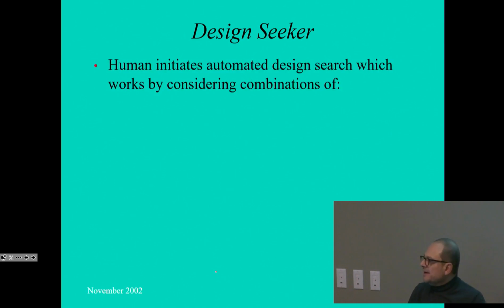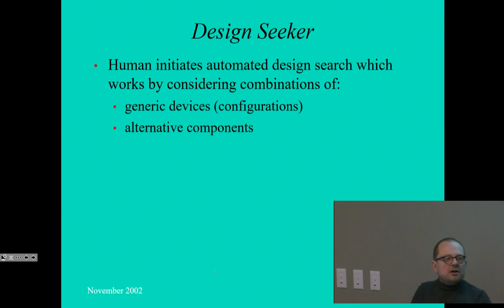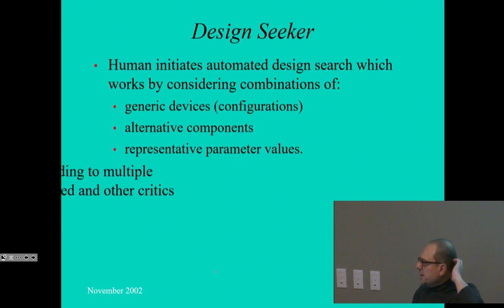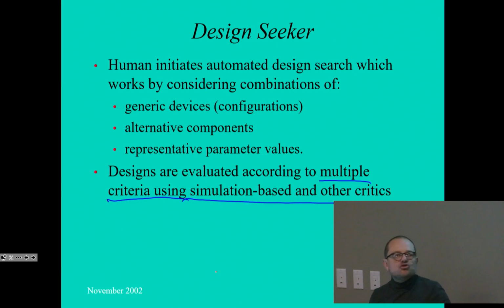So what's the seeker? Well, basically, you have a library of devices and configurations in various alternative forms with some representative parameter values. For example, 2-liter turbocharged engine, 2.4-liter naturally aspirated, et cetera. Then you evaluate the design according to multiple criteria using simulation. And you're not going to say, oh, acceleration counts for 20%, fuel economy counts for 80%.